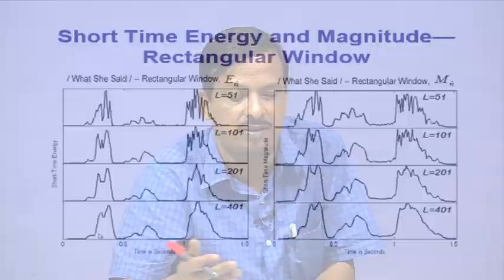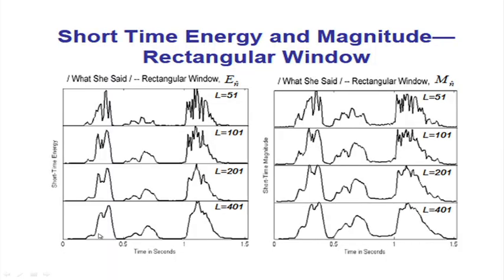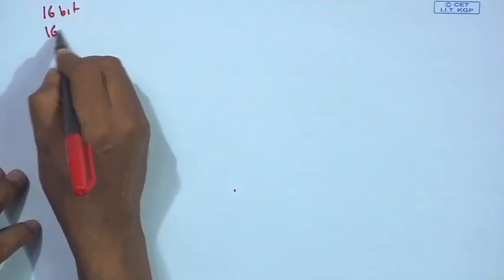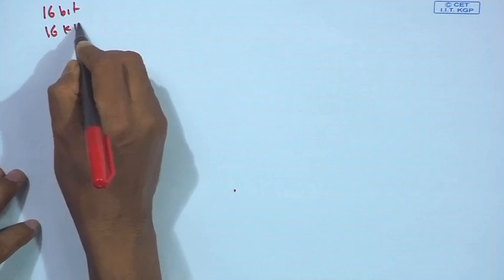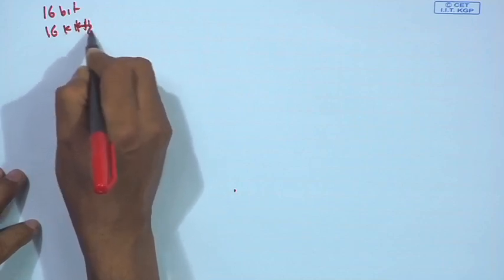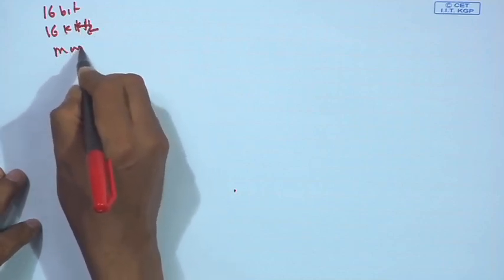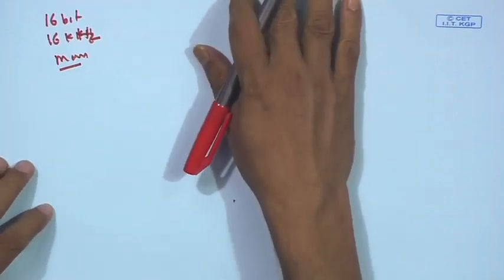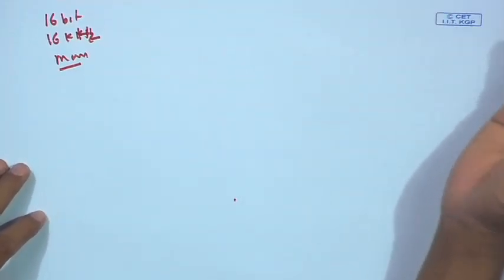You can extract E n after recording your name. So, I give you the problem. Record your name in 16 bit, 16 kilohertz, mono. You can use CoolEdit or Praat to record it.